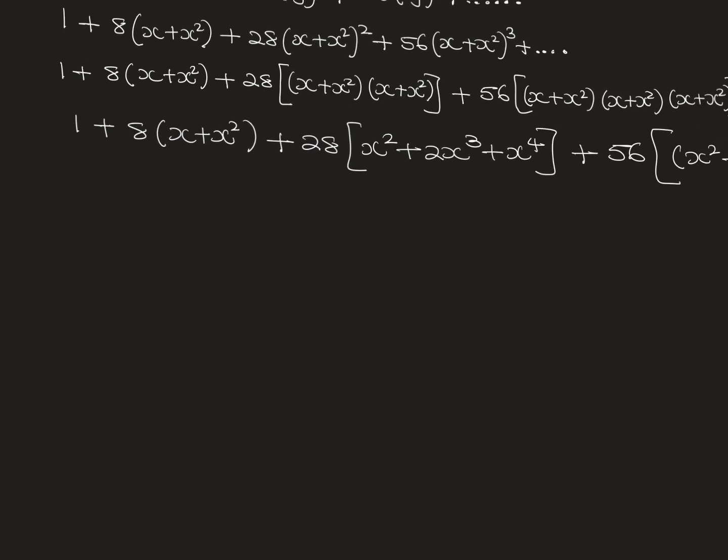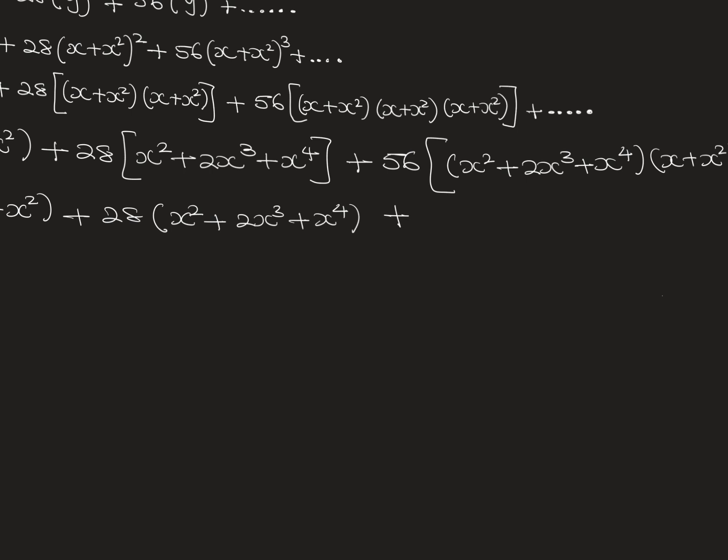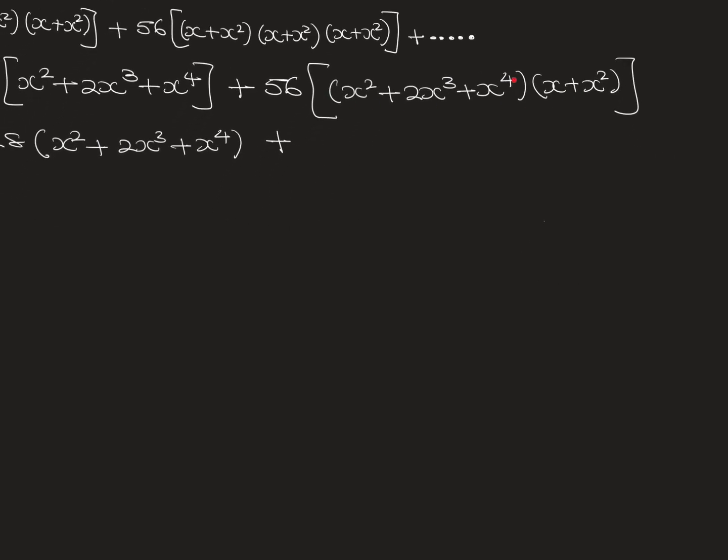So what should we do next? We're going to have 1 plus 8 into x plus x squared plus 28 into x squared plus 2x to the power 3 plus x to the power 4, plus, if we write this expression down and we expand, x squared plus 2x to the power 3 plus x to the power 4 into x plus x to the power 2.